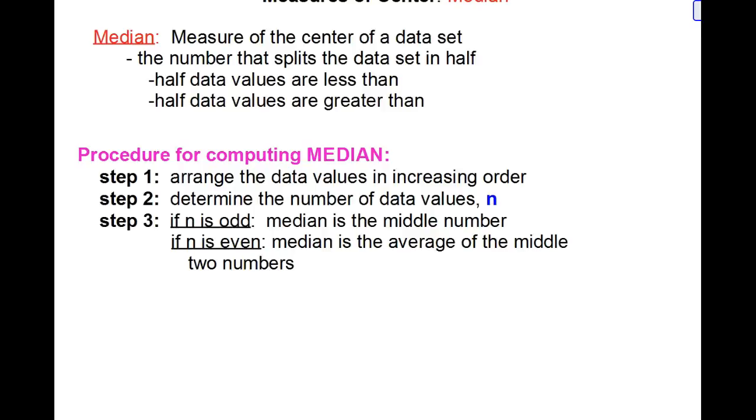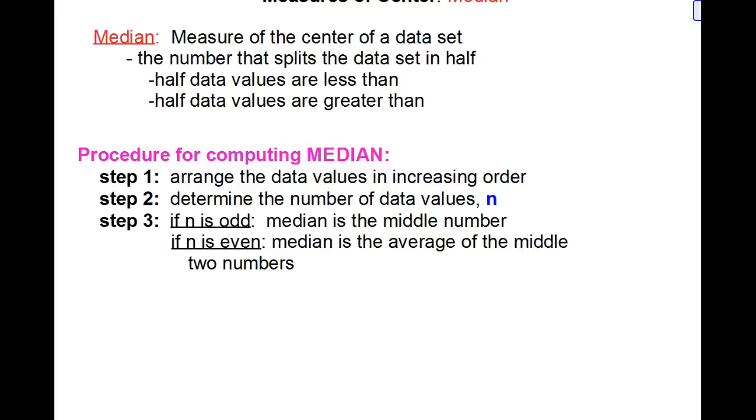If n is odd, meaning we have 7, 9, 23 data values, the median is the middle number. On the other hand, if n is even, the median is the average of the middle two numbers. So we're going to look at those middle two numbers, add them up and divide by 2. We're going to take their average, their mean.